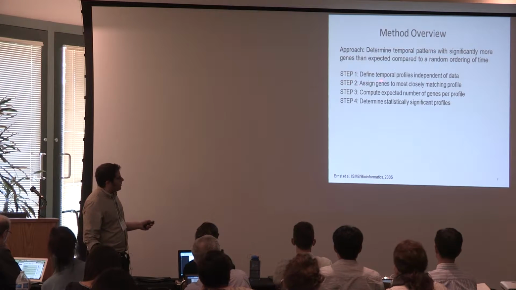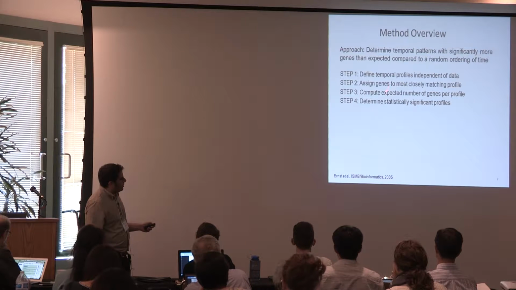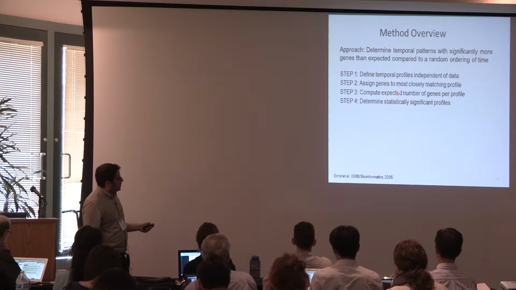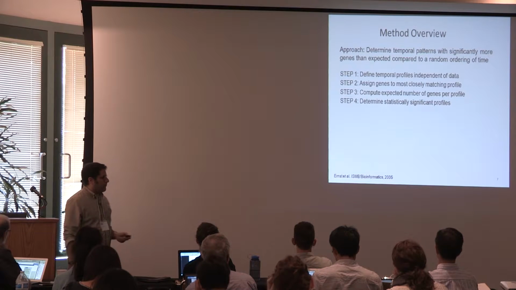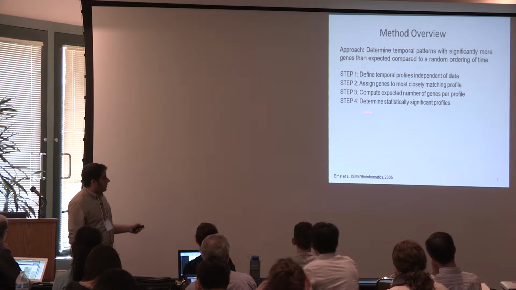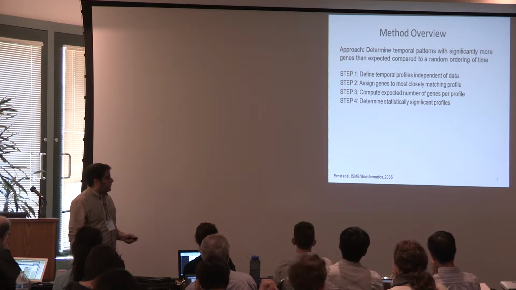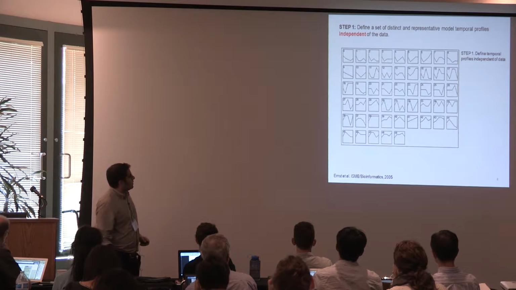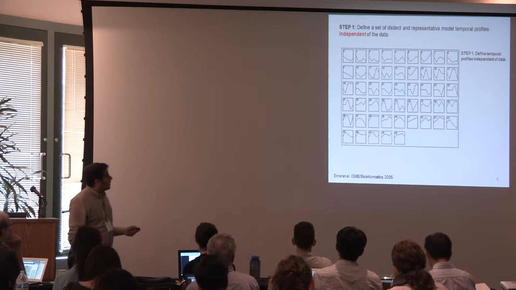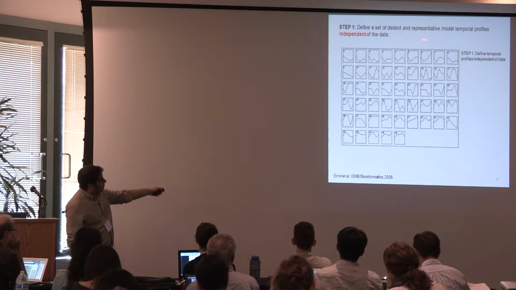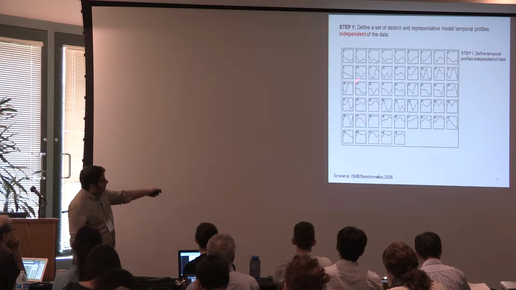Then we assign genes to the most closely matching profile, and then we can compute the expected number of genes per profile. I'll explain each step in detail. This is based on the fact that we had the temporal profiles defined independent of the data, and then we can determine the statistically significant profiles. To illustrate this, we defined a set of distinct and representative temporal profiles independent of the data, and this is based on the shape of the profile.